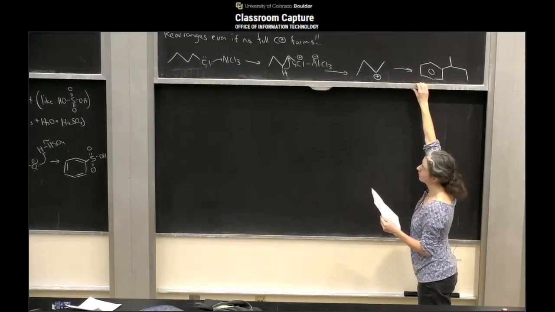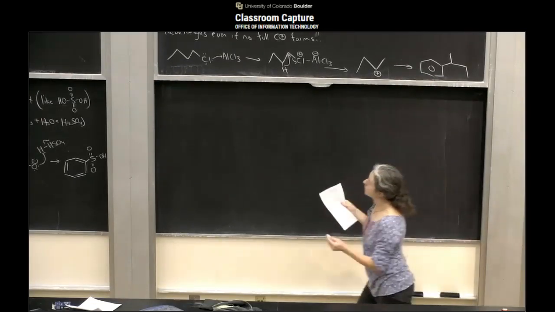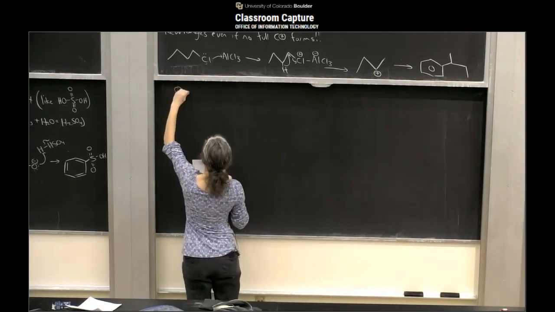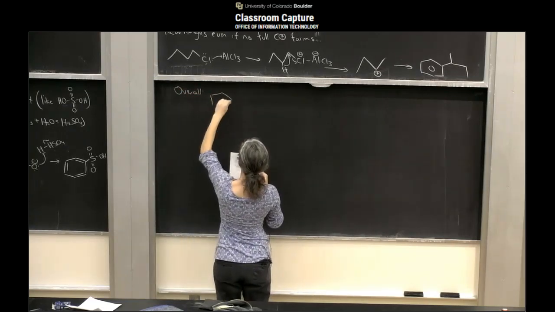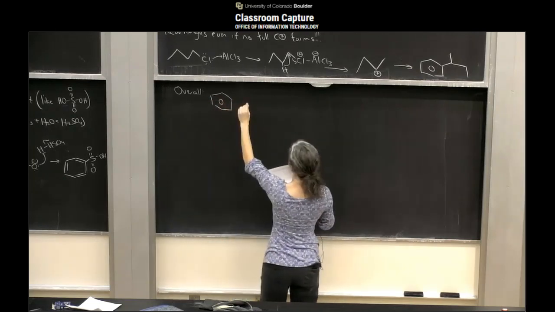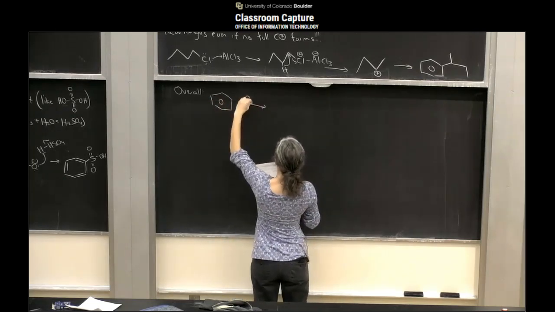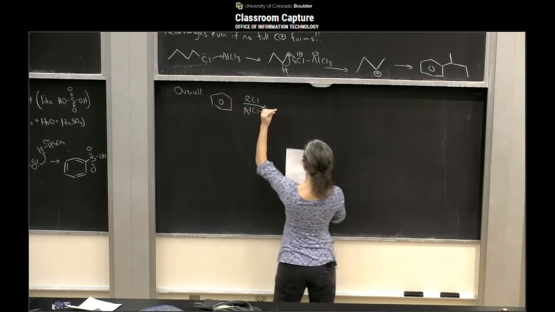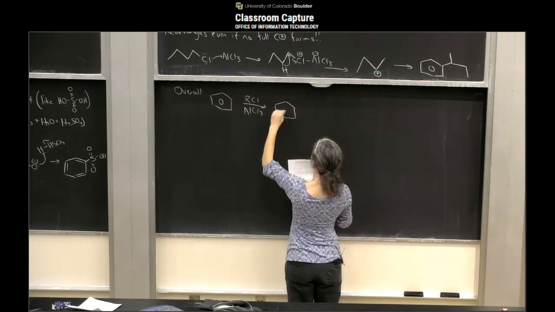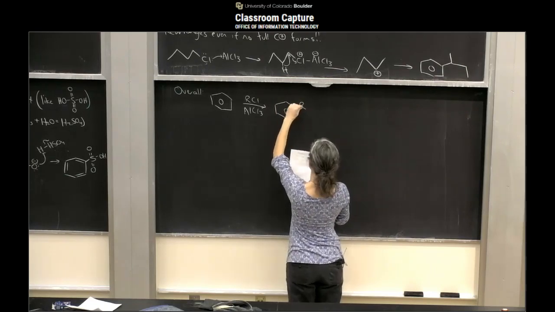Okay. So overall, I'll put up here. Aromatic ring and alkyl chloride and aluminum trichloride. And that gets you an R group there.